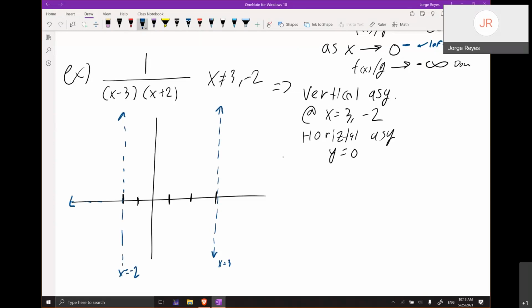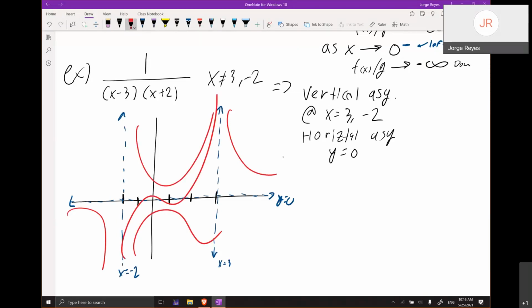And then the horizontal asymptote, y equals 0. Now I need to check where I'm going to draw this, because I have options. I could be here, here, here, or do this thing. I don't really know what's happening in between my asymptotes.